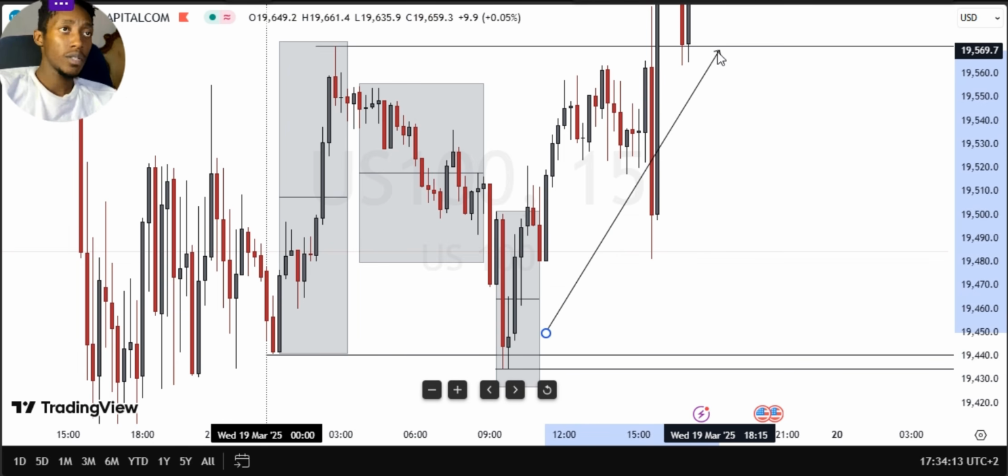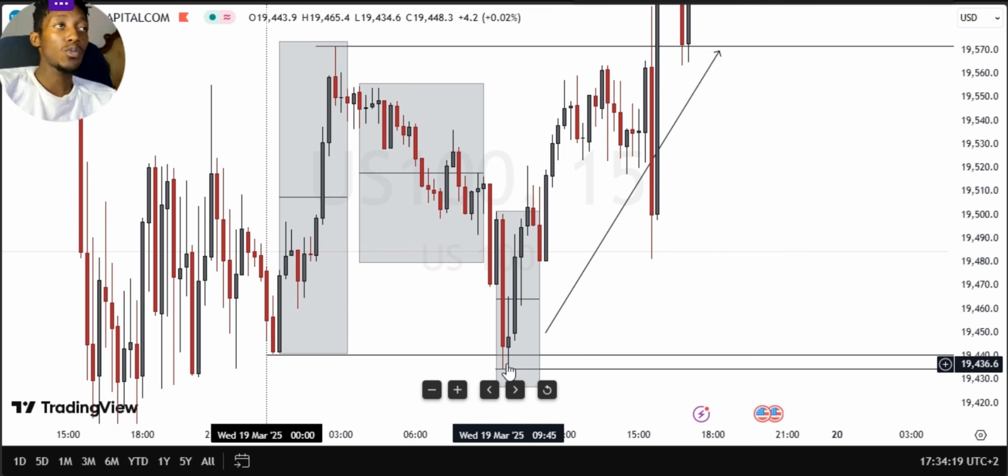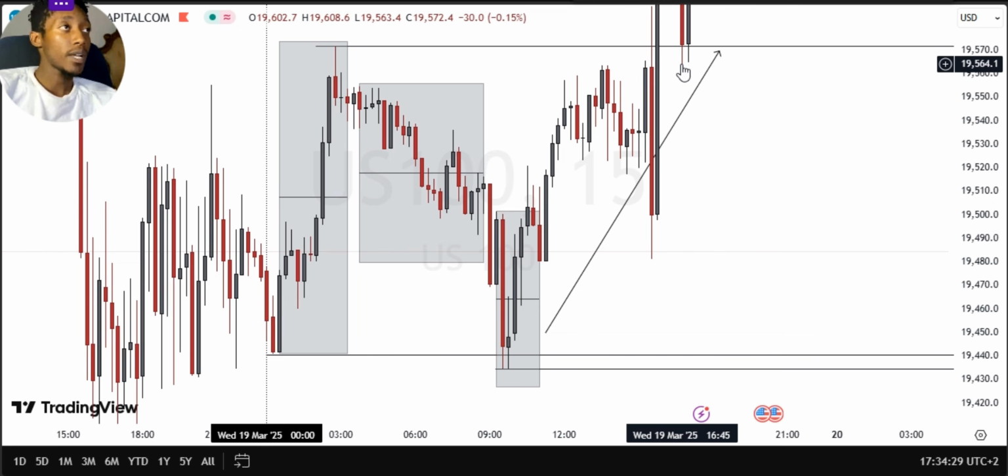A push to our candle range high, since we swept our candle range low and the market closed inside the range. Now we're expecting a distribution to the upside, targeting our candle range high.